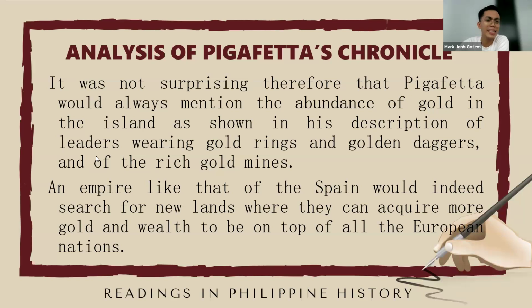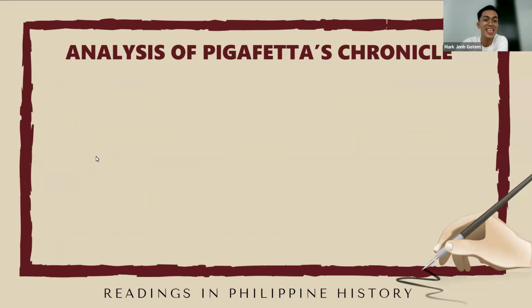An empire like Spain would indeed search for new islands where they could acquire more gold and wealth to be on top of all the European nations. So at that time, their competition was intense. They wanted to become rich and did not care whom they stepped on. No? Very familiar.